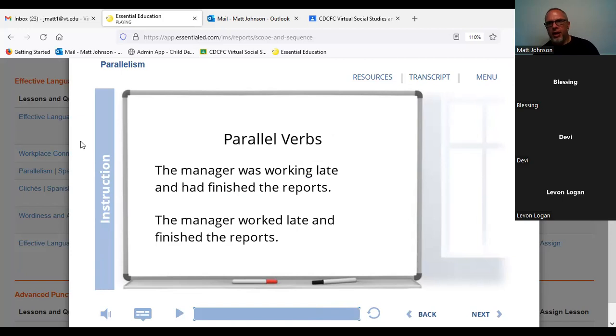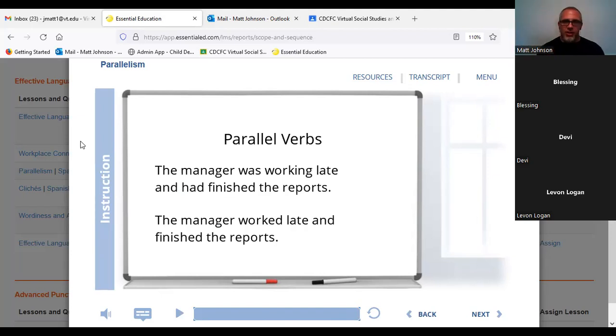And more times than not, you're going to want to use the same form that you started with. Usually the error is made in the second half of the sentence or in the list. You're starting off knowing the idea, but you're not finishing with the same parallelism. So hopefully now you kind of get an idea of what the lesson's talking about here.